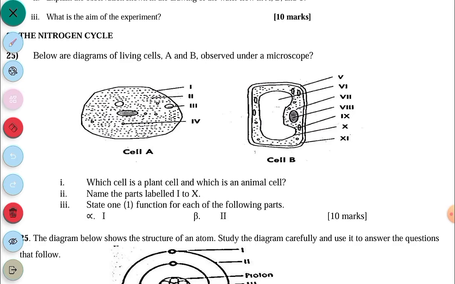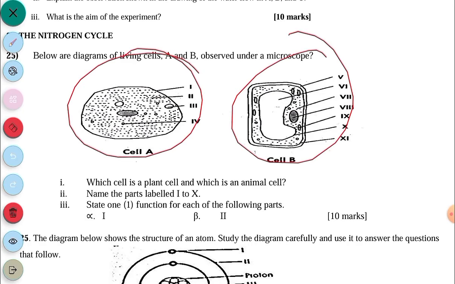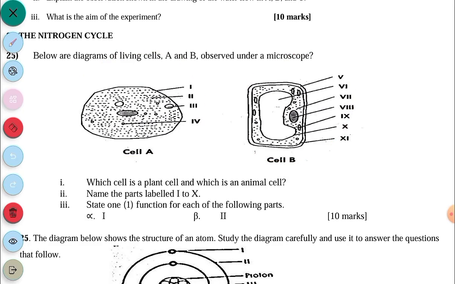So question 25, below are diagrams of living cells. Which cell is a plant cell? Which one is an animal cell? So cell A is an animal cell, cell B is a plant cell. You have to label the parts I to XI. So I is the cell membrane, II is the cytoplasm, III is a vacuole, IV could be ribosomes.